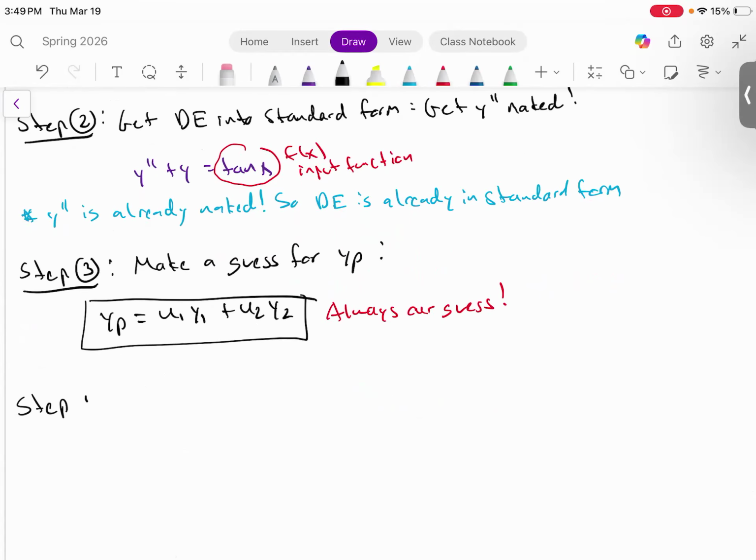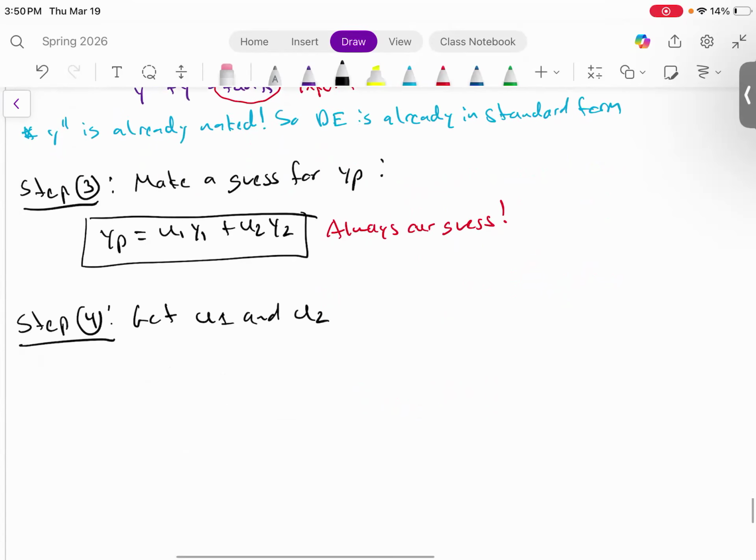So now what we're going to do is move on to step 4, and that's to obtain what u1 and u2 are. So step 4, get u1 and u2. Just a reminder of the formula: u1 equals negative integral of y2 f of x over the Wronskian of y1, y2 dx.